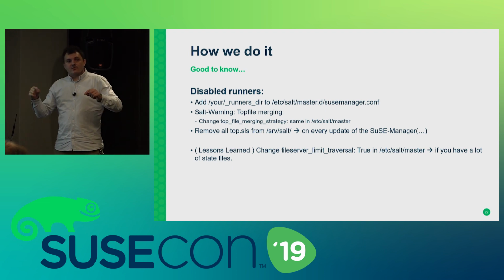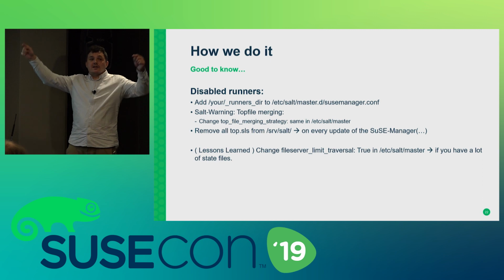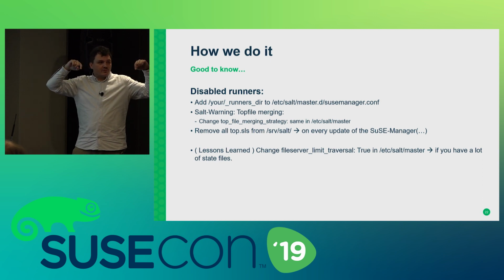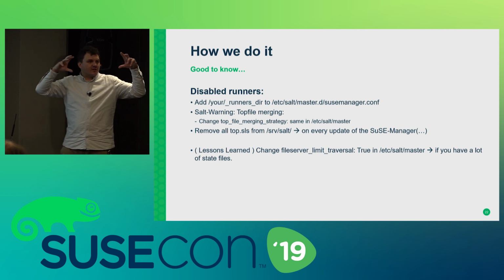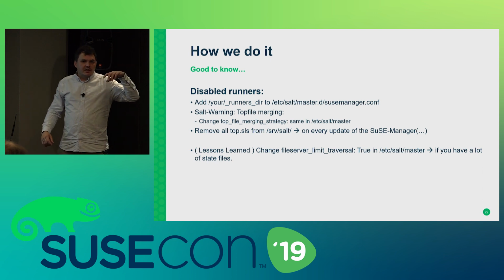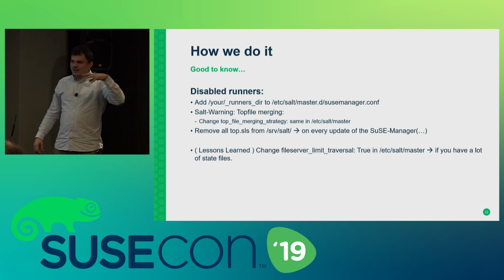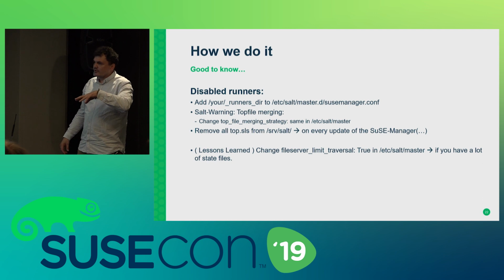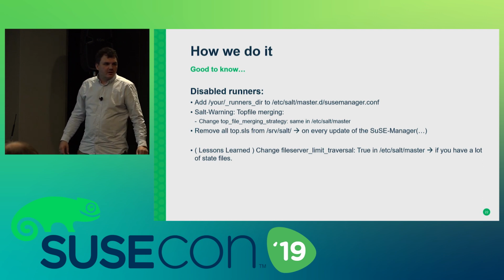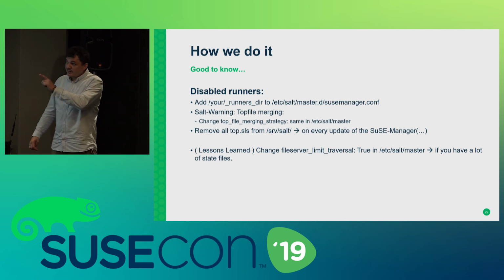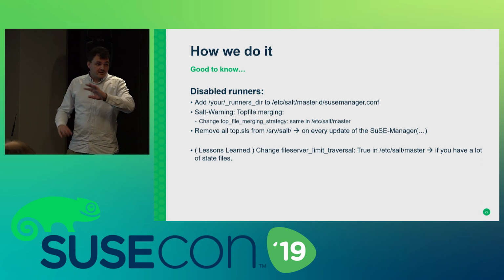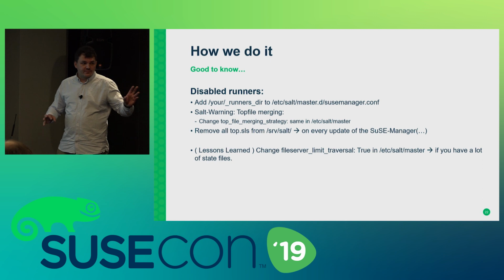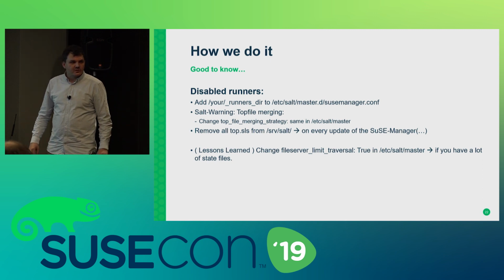They think that you have configured SRV salt, and they create a top file for you with nothing in it. It's empty, basically. But I think in the last versions that has stopped. So yeah, that doesn't happen anymore. They create the SLS file, but it's not interfering with the Git backend.